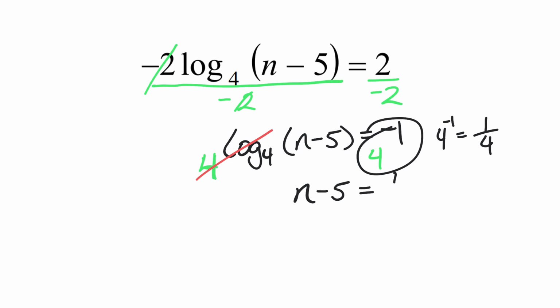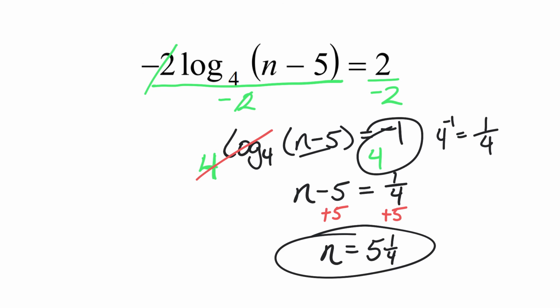So we are at n minus 5 is equal to 1/4. We need to move the 5 over, and n is equal to 5 and 1/4. And that was a value higher than 5, by the way. So that's what we got.